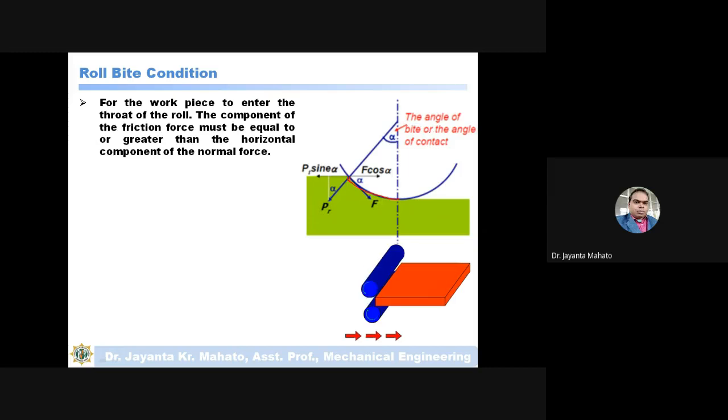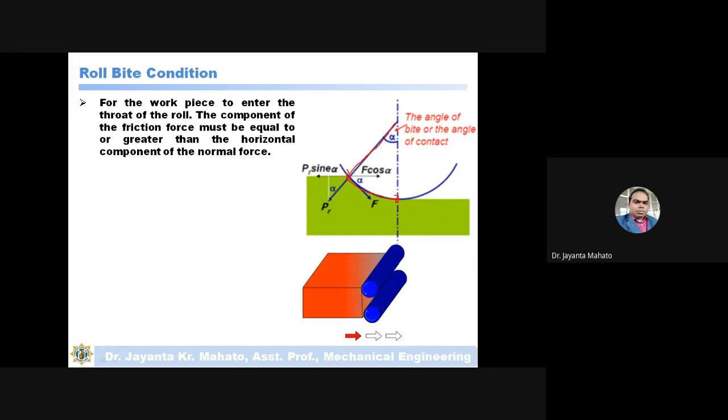The angle between this entry point and obviously this exit point is called the angle of bite or the angle of contact.